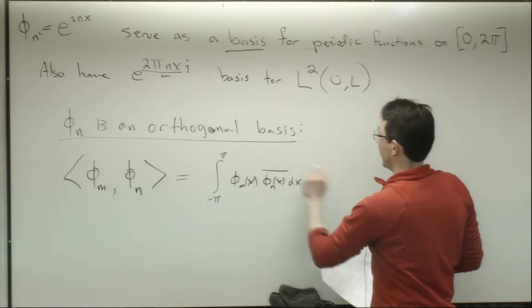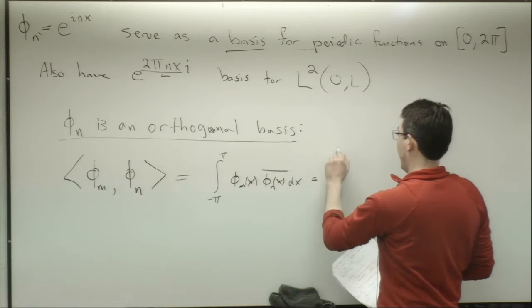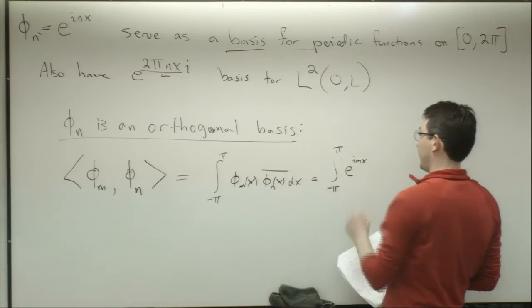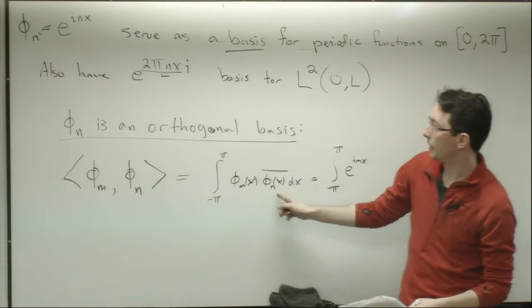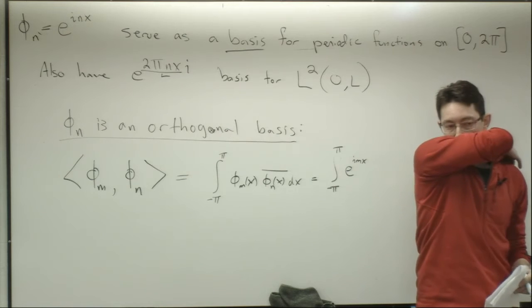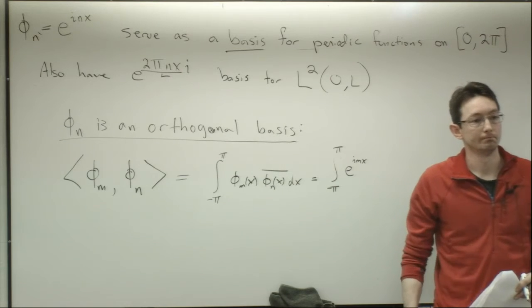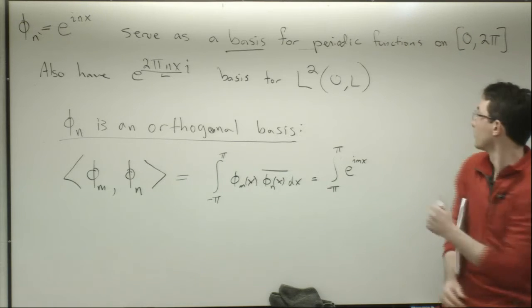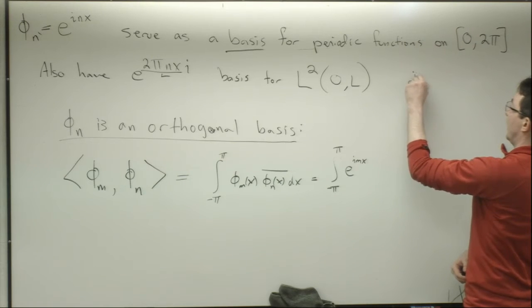And so I'm just going to plug these in. That's the integral from minus pi to pi of e to the i m x. What's the complex conjugate of e to the i n x?